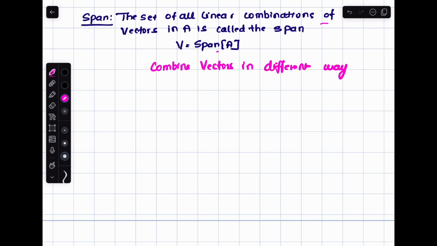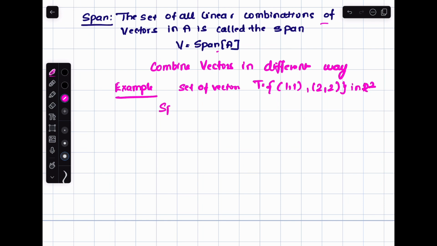Without any delay, let's take one example. Let me take a set of vectors, say T equals {(1, 1), (2, 2)}, which is in R square, and the span of T is the set of all possible linear combinations of these vectors.